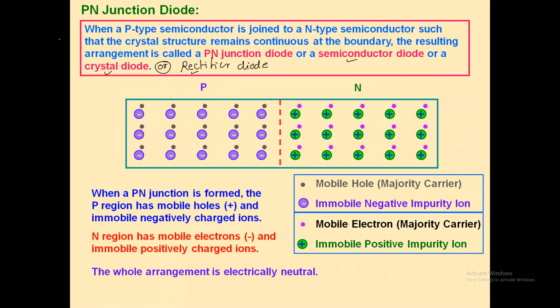So the whole arrangement is electrically neutral. P type and N type semiconductors are both electrically neutral. Minority charge carriers are not shown in this diagram.